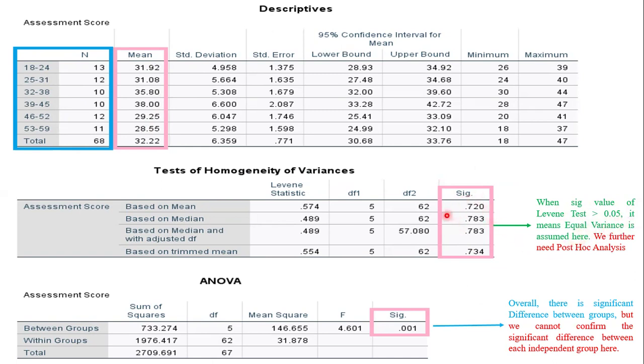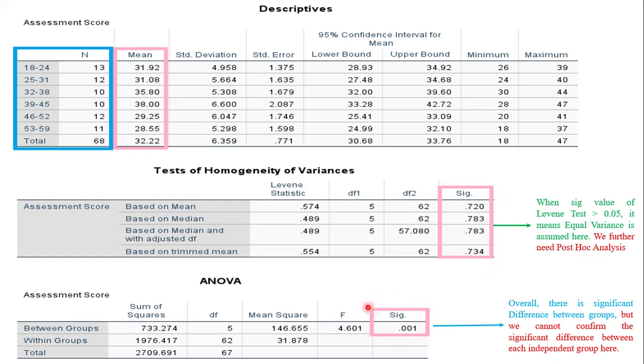As you can see, in the Levene's test table, table number 2, it is showing a sig value which is greater than 0.05. So equal variance is assumed here. We further need post hoc analysis, which I will let you know.